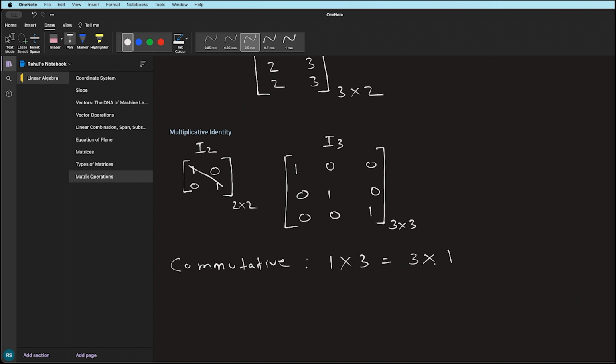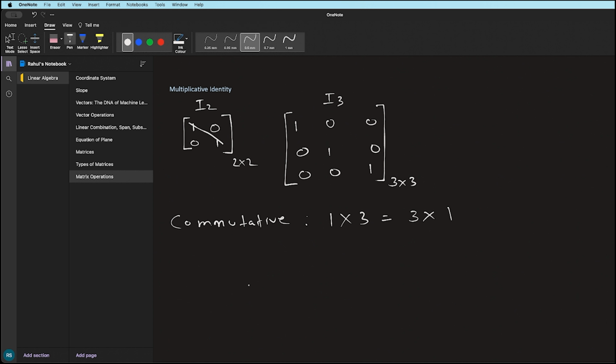In the case of the identity matrix, if I multiply the identity matrix with a matrix A, the result will be A. Similarly, if I multiply the matrix A with the identity matrix I, the result will also be A. Let us prove this.